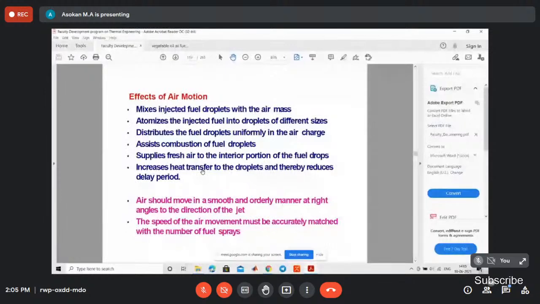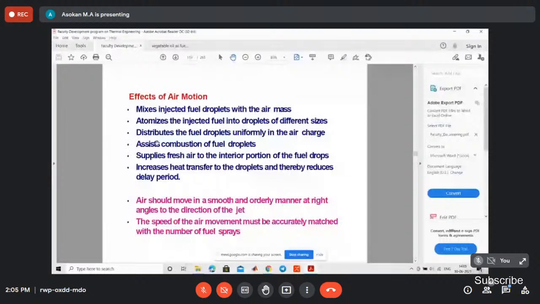Effect of air motion. What are the effects? So it mixes the injected fuel droplets with the air motion. Right? Fuel droplets of different sizes. Without the circulation of the air, there is no atomization.